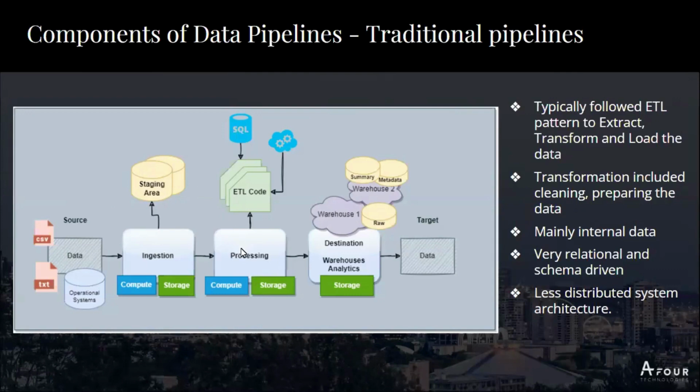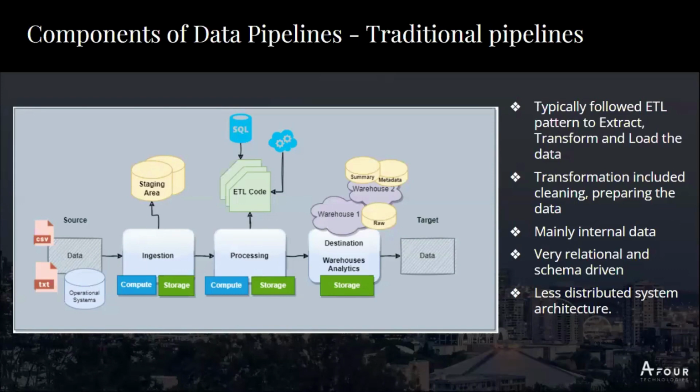Then you have your main component of processing, where the transformation or the ETL part happens, right? So this is where the processing would run your ETL code. This could be your custom SQL scripts, which would be a large set of SQL functions which are already written, or that the data team writes. It could be your Python or other language-specific code that churns the data and produces the views that are required.